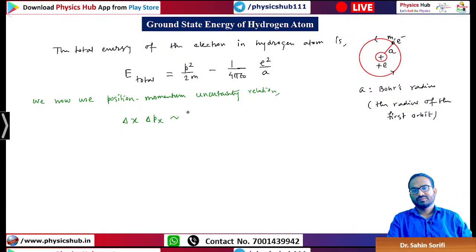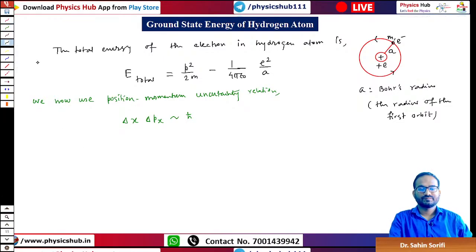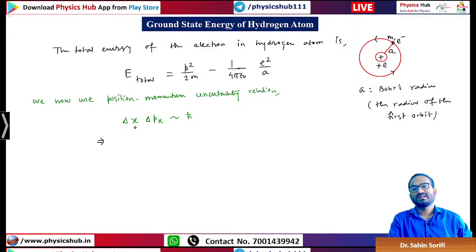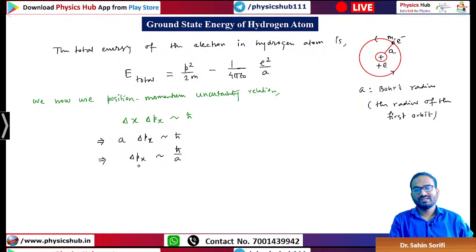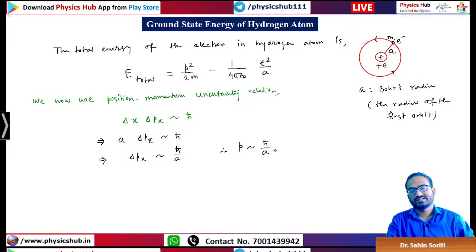We should write h cut, because h cut by 2 will only be written in the case of the one dimensional harmonic oscillator. For other cases, it will be h cut. Now delta x, you know, this is A, and delta px is approximately h cut. So delta px is h cut by A. Here delta px is represented by P. So P is h cut by A. We can write it in this way.